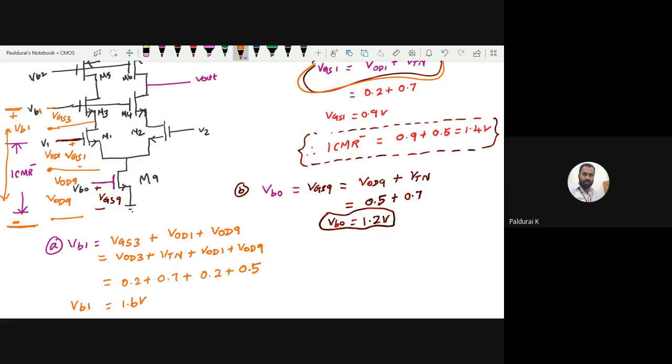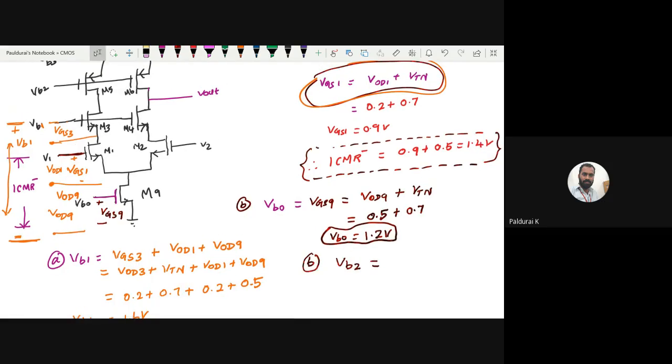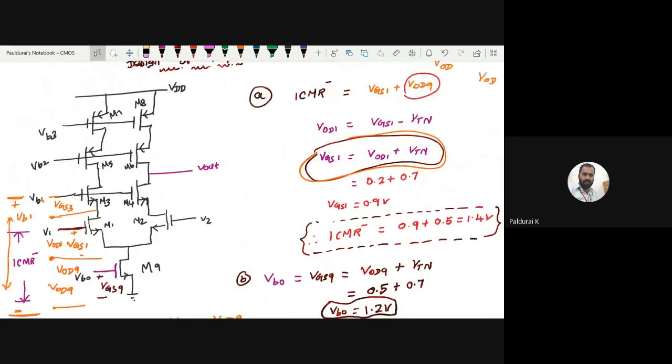Are you with me? Yes, sir. So this time I'm using this color for VB2. What is VB2? PMOS, right? We can do it from here to here. So VB2 is the voltage from here to here.